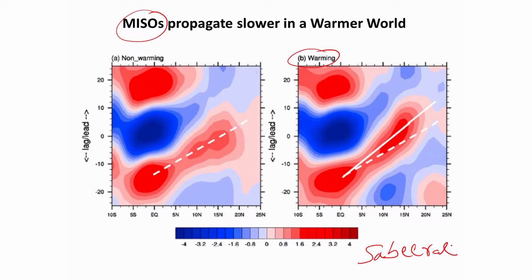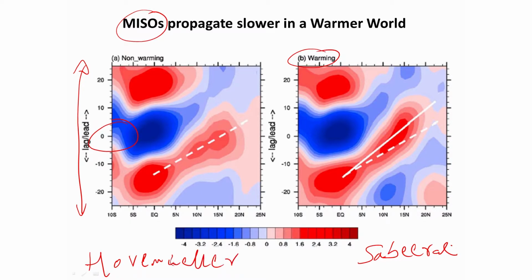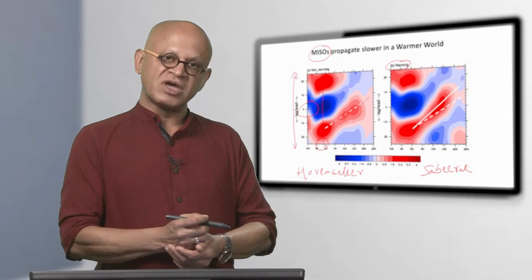So if you look at this figure, it is showing the lead-lag relation, or what is often referred to as a Hovmöller diagram. It shows that something starts over the ITCZ sitting in the equatorial region, just south of the equator, and these systems propagate systematically northward into the Bay of Bengal.